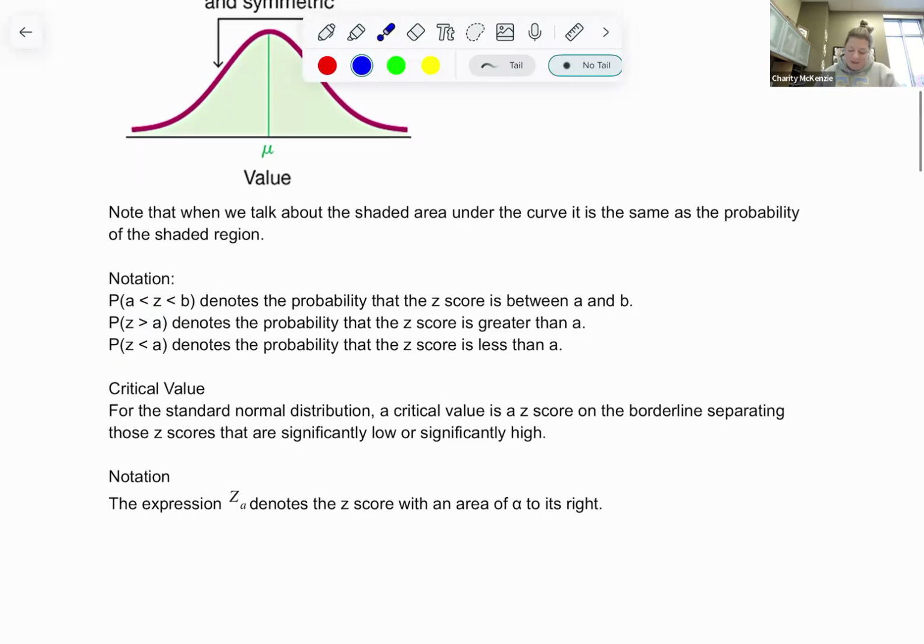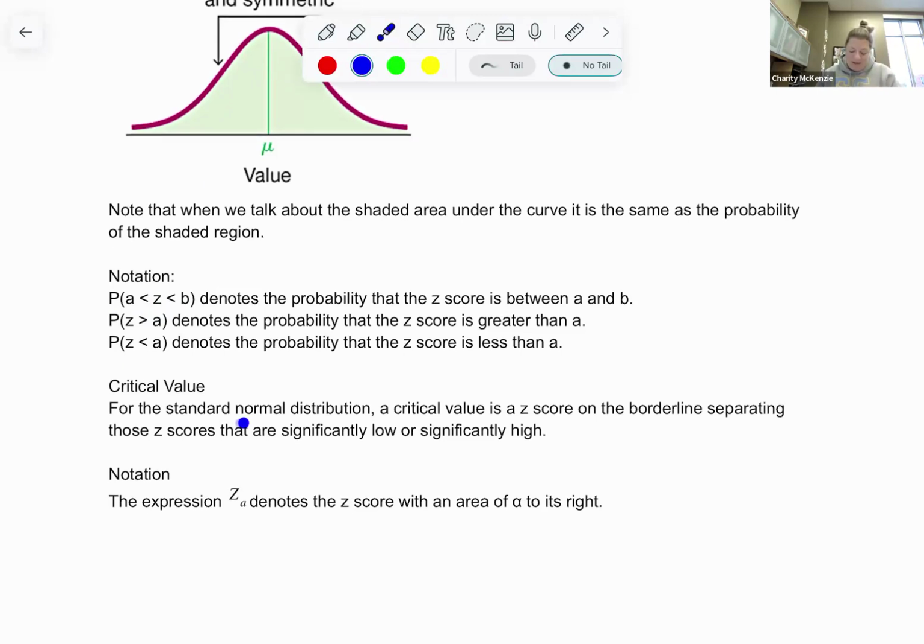So critical value for standard normal: a critical value is a z-score on the borderline of separating between significantly low and significantly high. So remember that that's 2 standard deviations away.